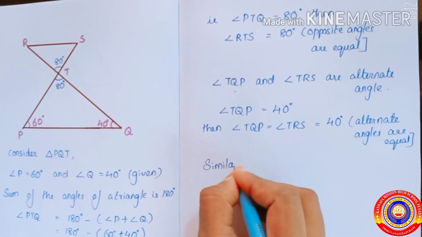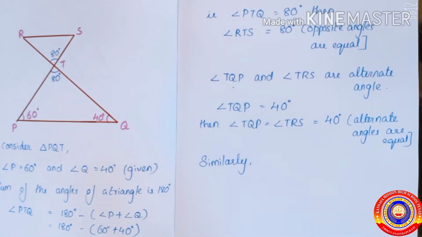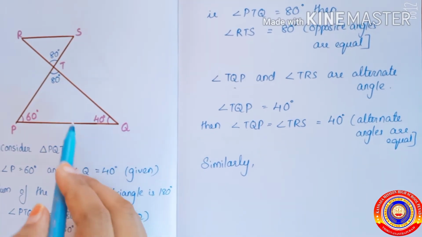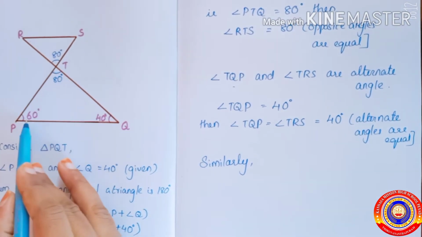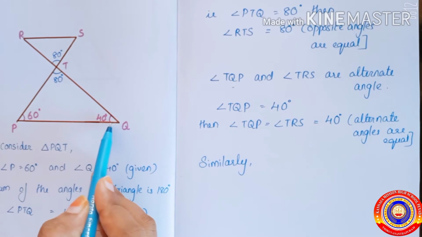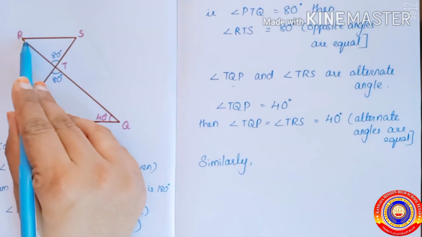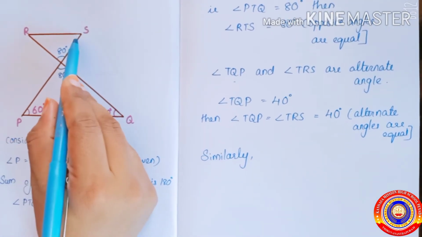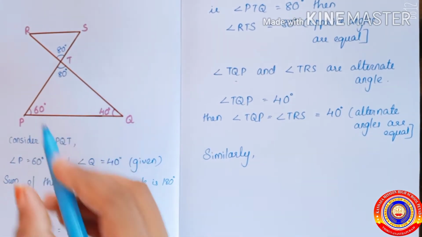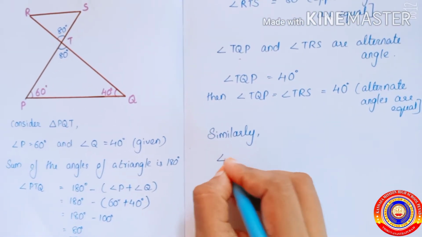Similarly, there is another pair of alternate angles in this figure. What is that? Angle TPQ and angle RST. So these two are the other pair of alternate angles.